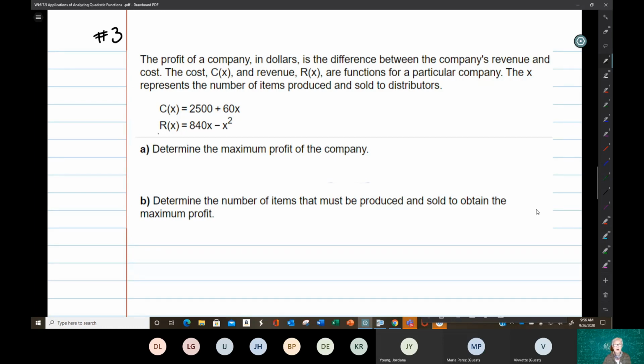The profit of a company in dollars is the difference between the company's revenue and cost. The revenue is the amount of money you take in. The cost is the amount of money that goes out. Your profit equals revenue minus cost.